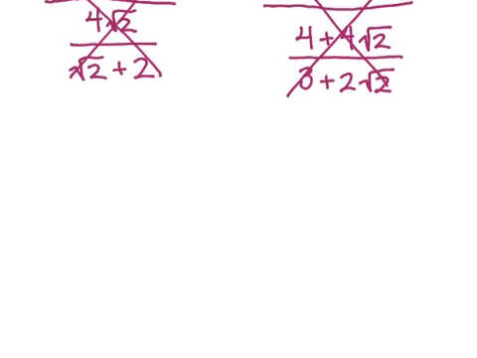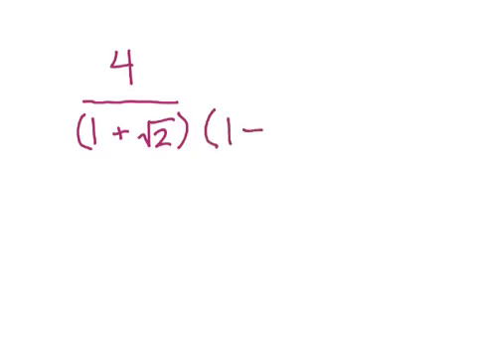We saw these options did not work, so we'll start over and try this again. The original amount that we have is again 4 over 1 plus the square root of 2. We're going to take this and multiply top and bottom by the conjugate 1 minus the square root of 2.